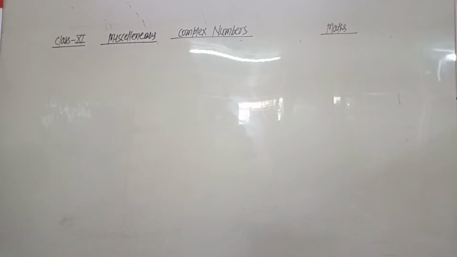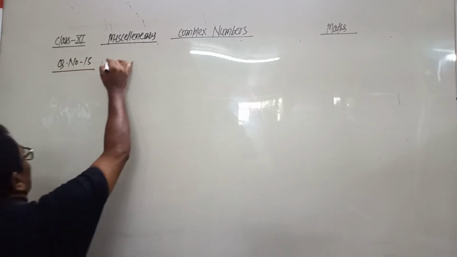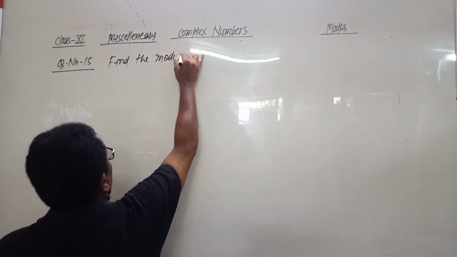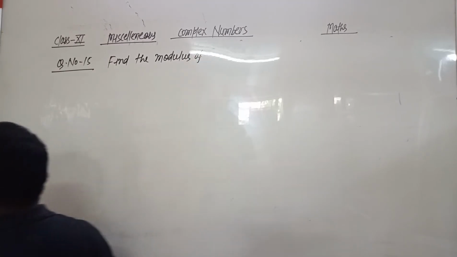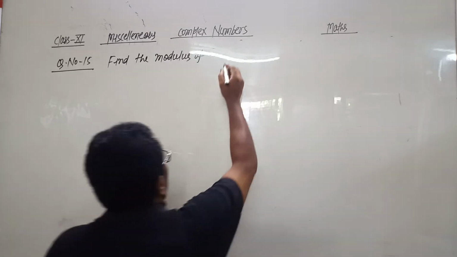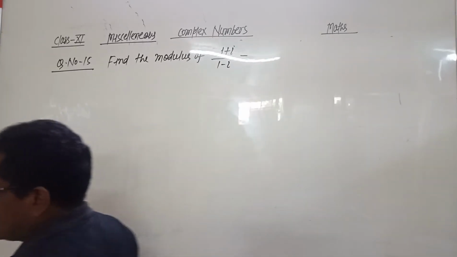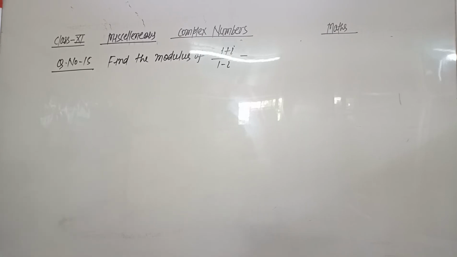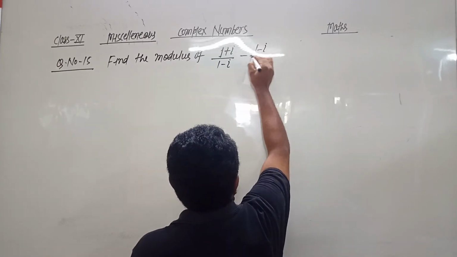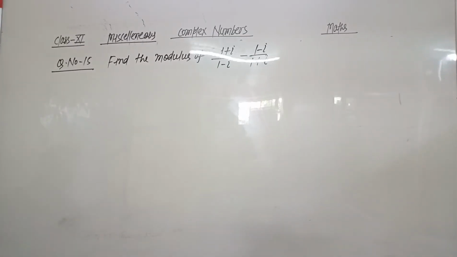Find the modulus of (1 plus iota upon 1 minus iota) minus (1 minus iota upon 1 plus iota). So we have to write the modulus of this expression.